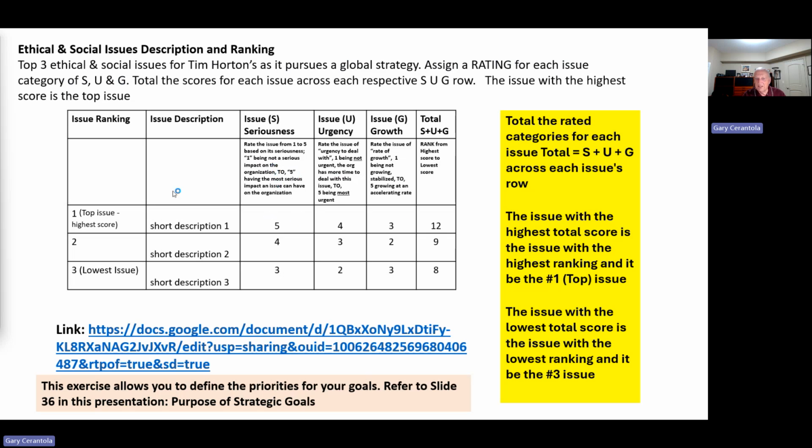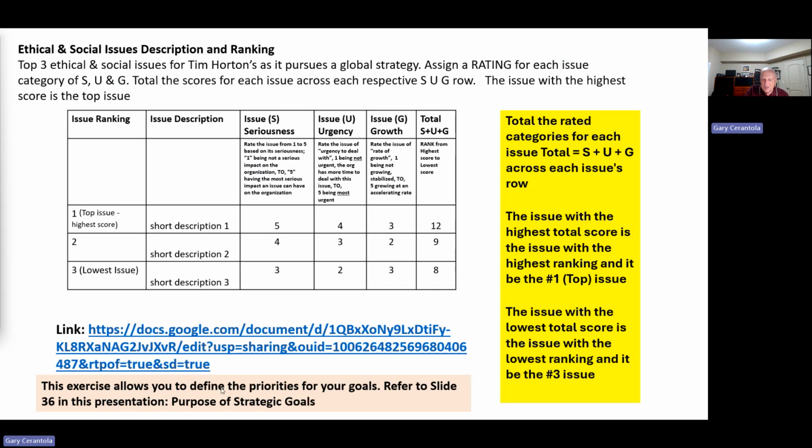And you can see that the ultimate score that's the highest becomes the top issue, and the lowest score becomes the lowest issue. Here's the link to that particular template.